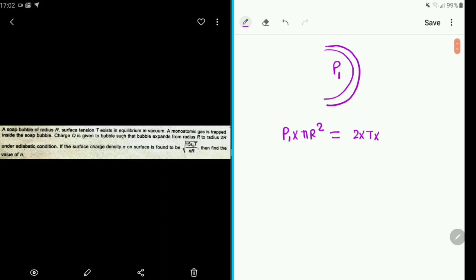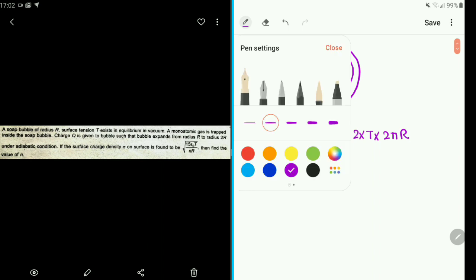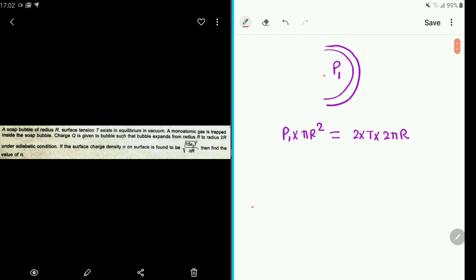In the fluid chapter I have already told you that there is a concept of effective area. So the pressure P1 is acting on an effective area of pi r square, and this force due to pressure P1 is balanced by the surface tension, which is acting on two surfaces.